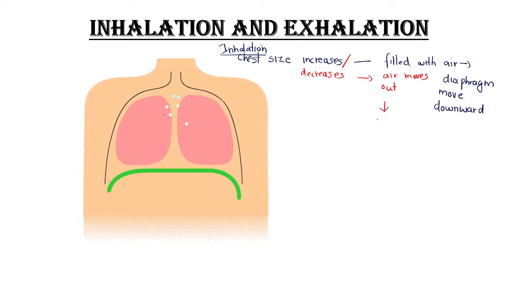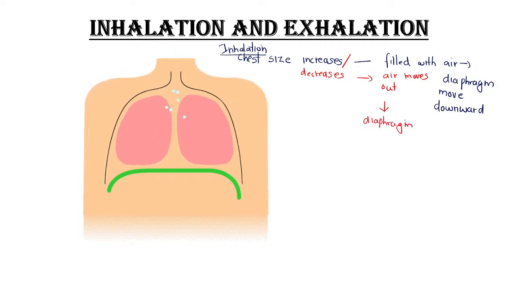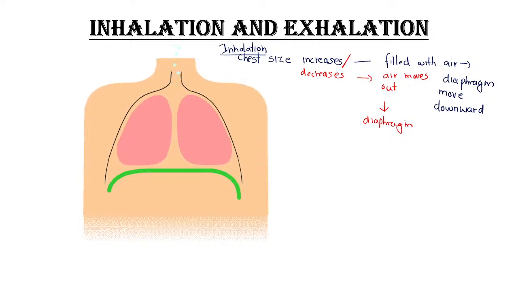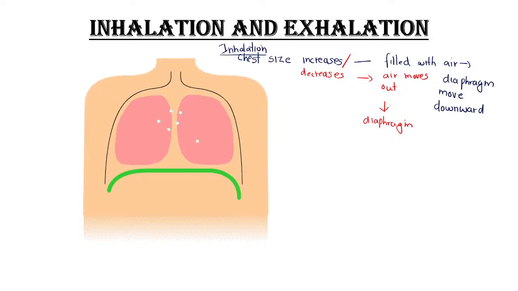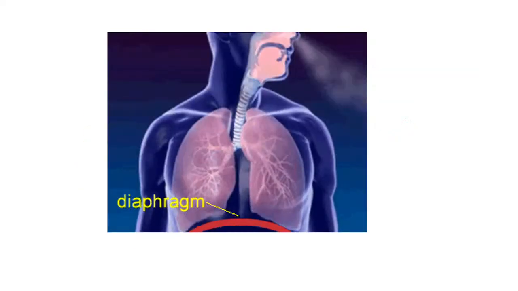The diaphragm moves upward, or goes back to its original place. Imagine if the diaphragm was not elastic, what would have happened? Yes, it would have ruptured or broken, isn't it? When the chest size increases, it would have broken, but it's not happening. That is because the diaphragm is very soft and an elastic structure.